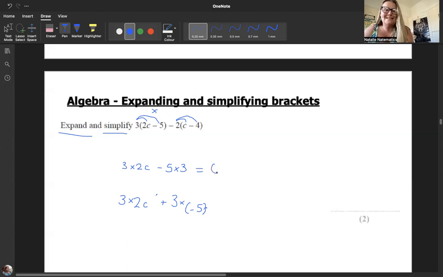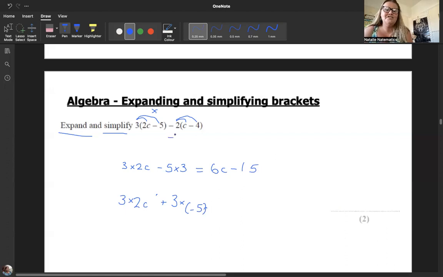And then there's only one letter there, so it's c. And then you've got minus 5 times 3, which is minus 15. Now you get exactly the same answer if you did the one below. You just chose to do it a slightly different way. That's okay. And then we've also got this bit here, haven't we?